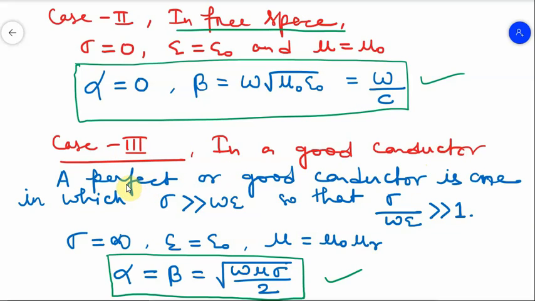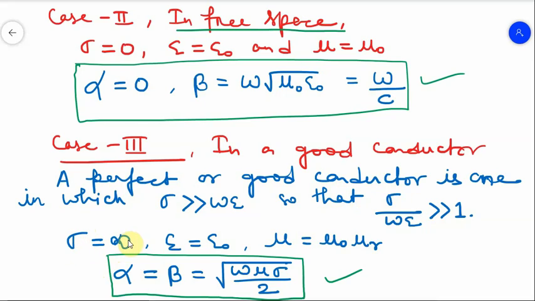We know that a perfect or good conductor is one in which sigma is very much greater than omega epsilon, so that sigma upon omega epsilon is very much larger than 1. For a perfect conductor, the conductivity will be infinite. Practically this is not possible, but if we consider a theoretical perfect conductor, we have to consider this condition.